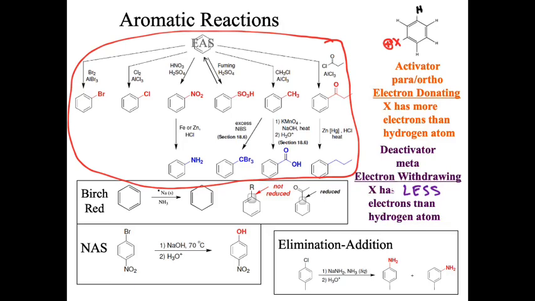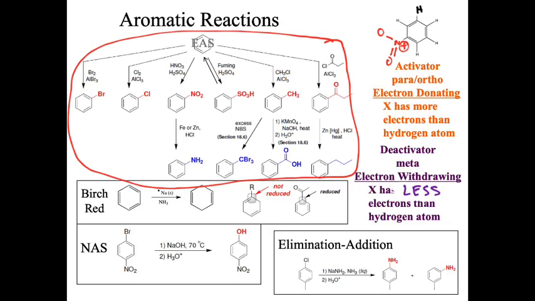The classic group for that, and this is where sometimes people might freak out, would be NO2. NO2 is electron withdrawing, but doesn't nitrogen have more electrons than hydrogen? It does. Look at the Lewis structure for NO2. You want to consider valence electrons and not just electrons. The nitrogen is formally positive.